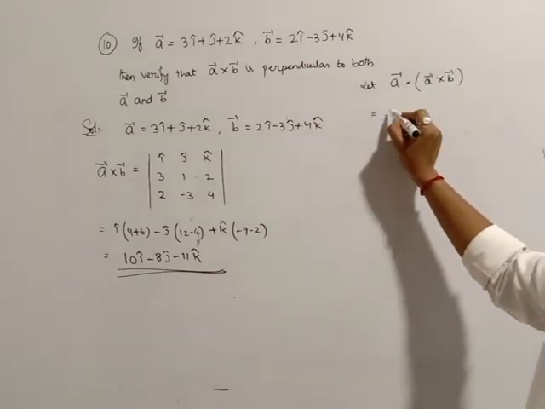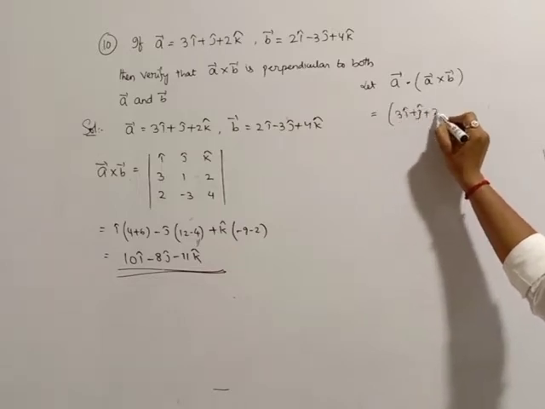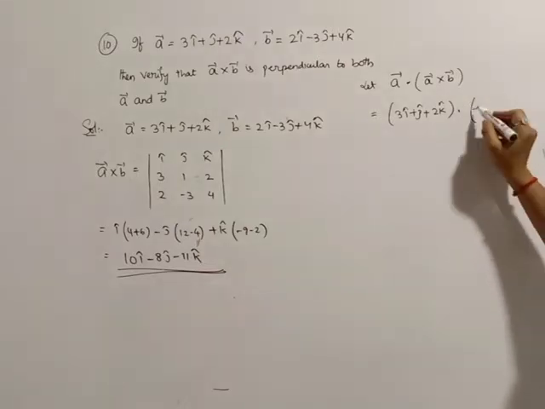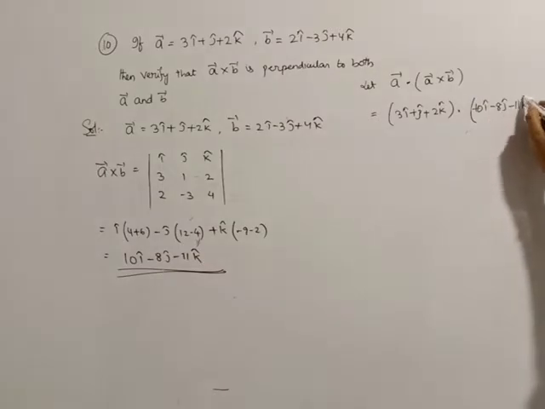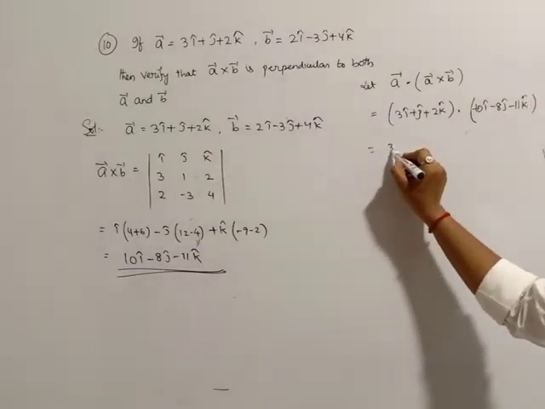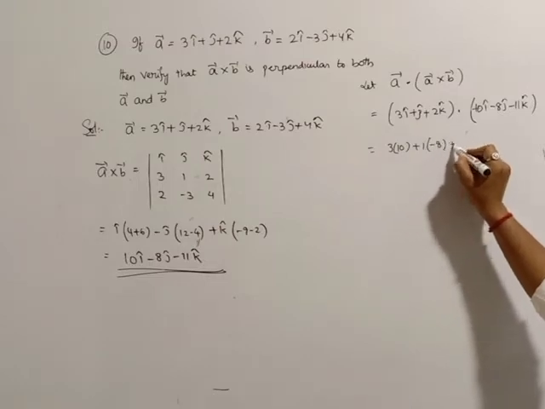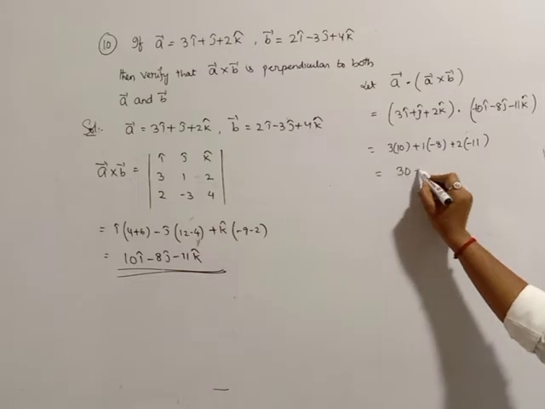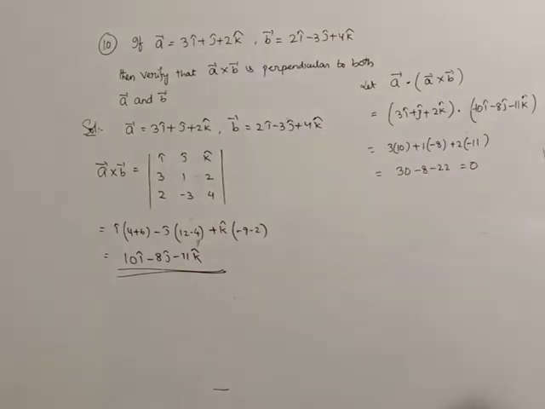So a bar means what is the vector? 3i cap plus j cap plus 2k cap dot 10i cap minus 8j cap minus 11k cap. So that is equal to 3 into 10 plus 1 into minus 8 plus 2 into minus 11. That is 30 minus 8 minus 22, which is 0. So the dot product is 0.